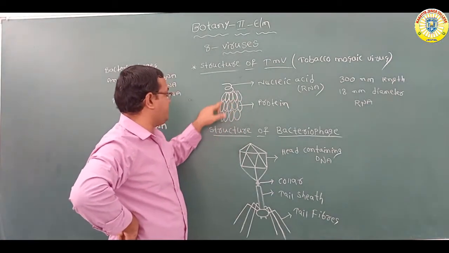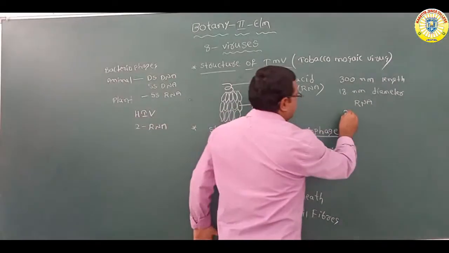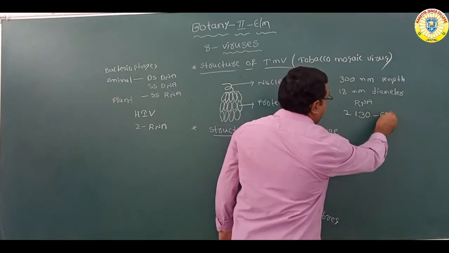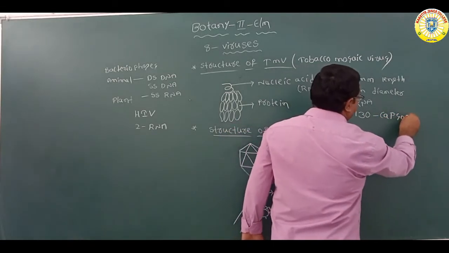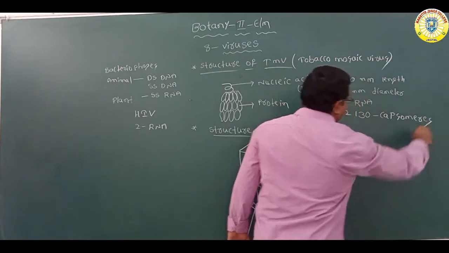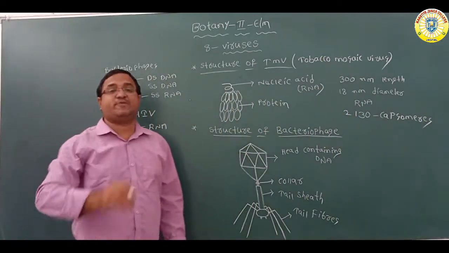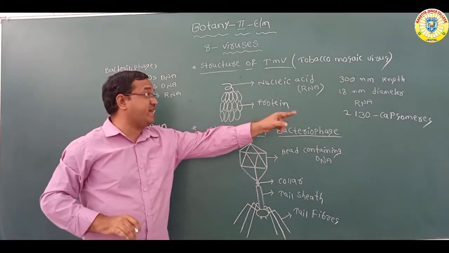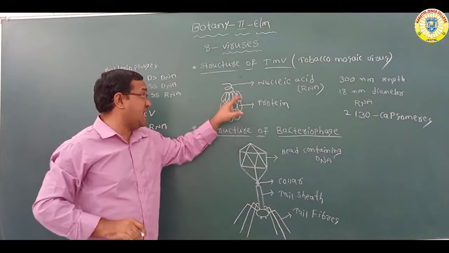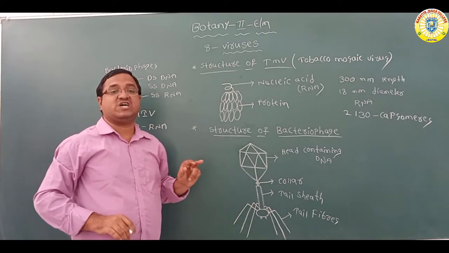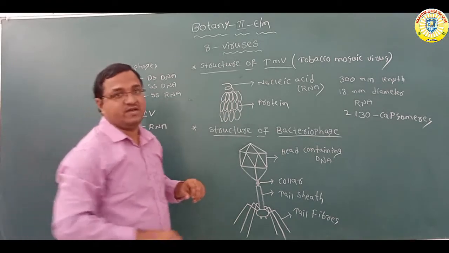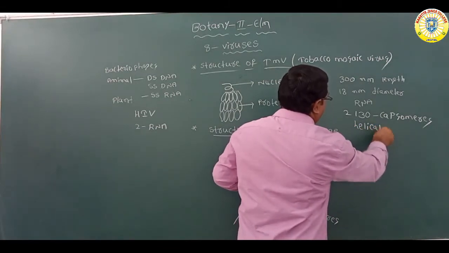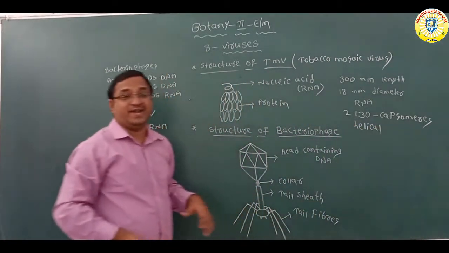The capsid is made up of nearly 2130 protein subunits that are called capsomeres, which are arranged in a helical manner.